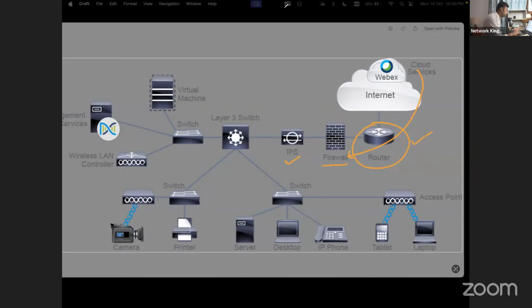Type in the chat whatever you know now. Let's do a quick activity. Try to write just one liner. What is a router? Router is a device which is used to connect two different networks.